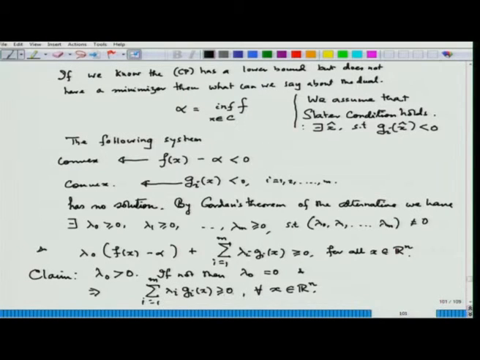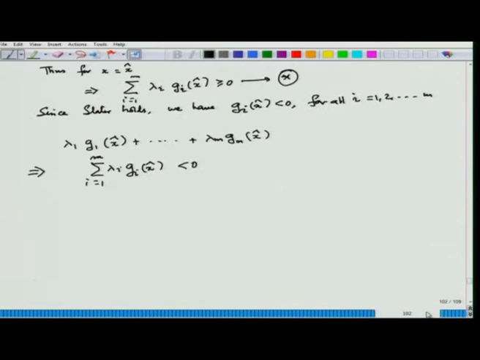So, putting x equal to x hat, because this is true for all x, in particular by choosing the particular x hat for which Slater holds, I will get this, but actually what I should get is this. So, there is a contradiction.